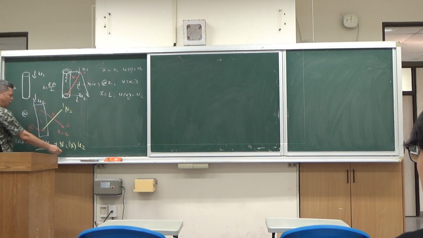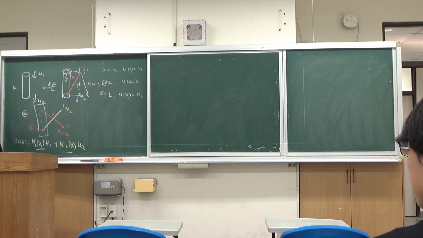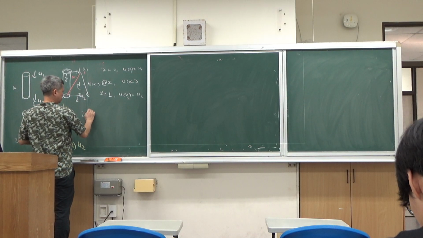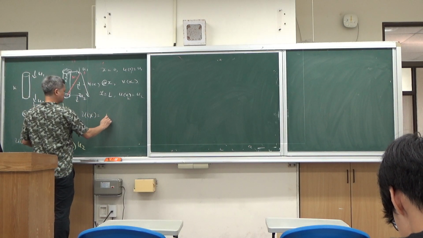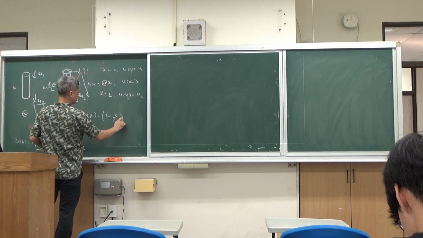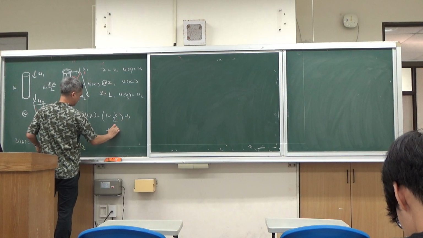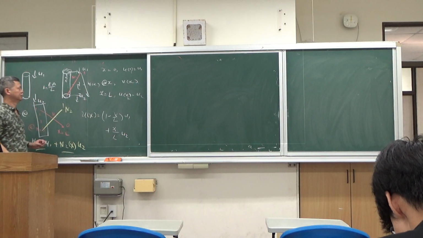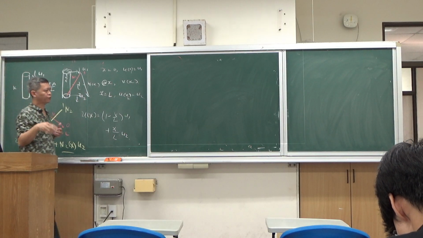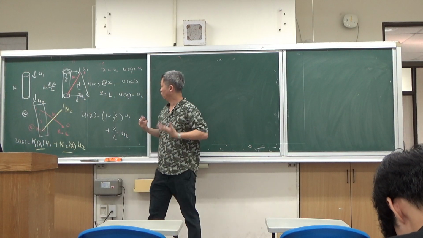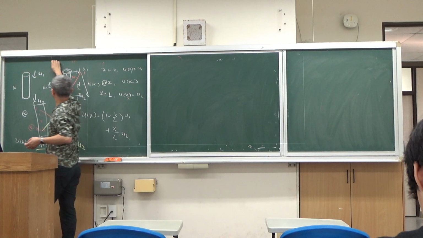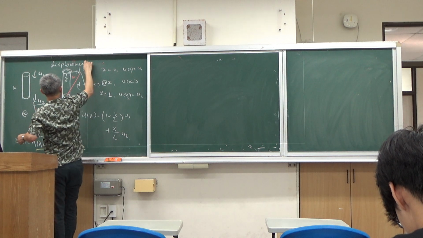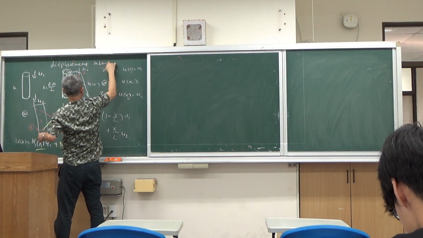After all, these are all interpolation functions. If you go and check the ux, this is 1 minus x over L times u1 plus x over L times u2. Okay. So for the first time, you are able to interpolate the displacement. This is the displacement interpolation.